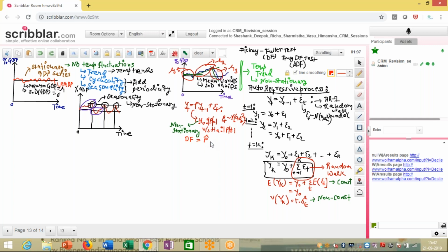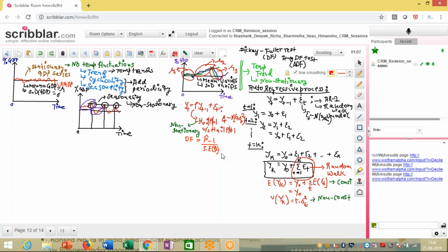The estimated value rho hat minus 1 divided by the standard error of rho hat. Now, if this satisfies the decision rule, which is if p is less than alpha at the 5% level of significance, then the null hypothesis is rejected.